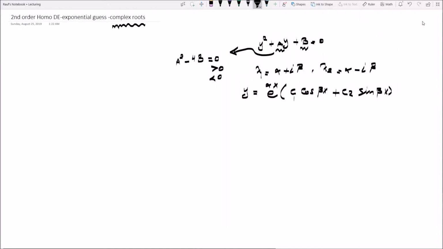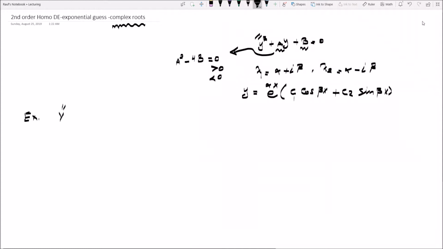Now, let's take an example and try to apply what we learned moments ago. So you have an equation, y double prime. Oh, let's go back here. I don't mean square here, I mean second order double prime.